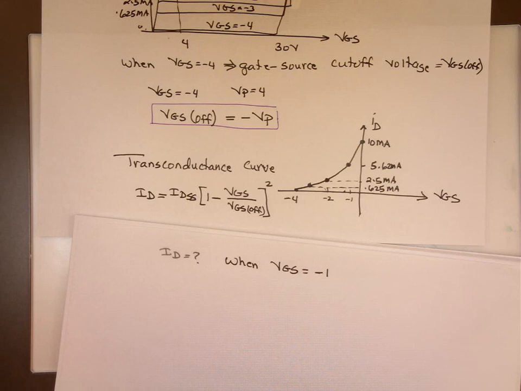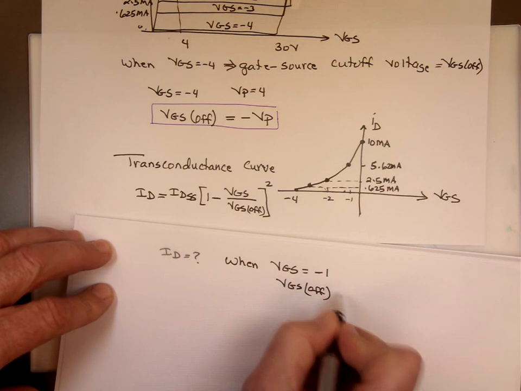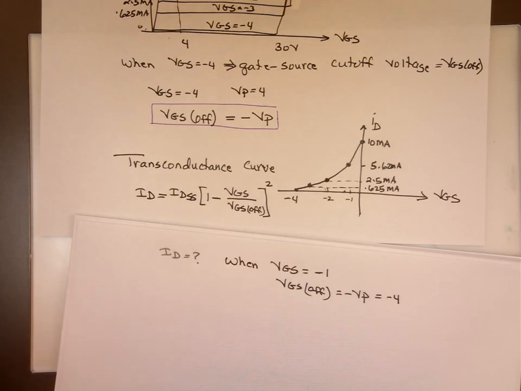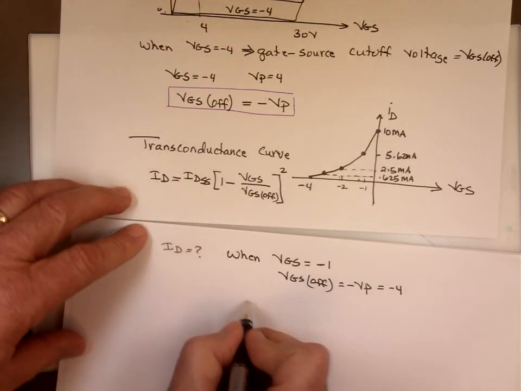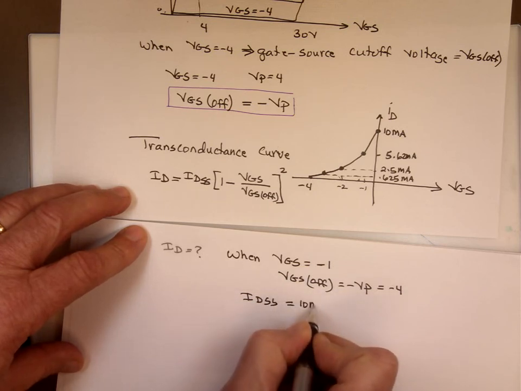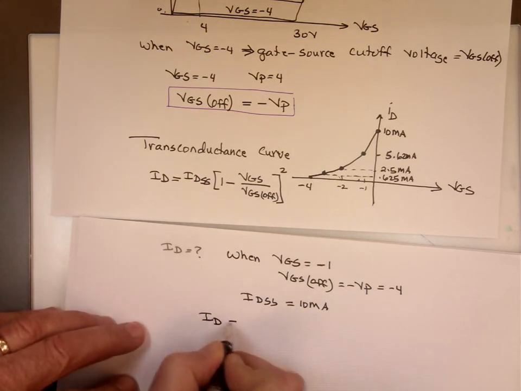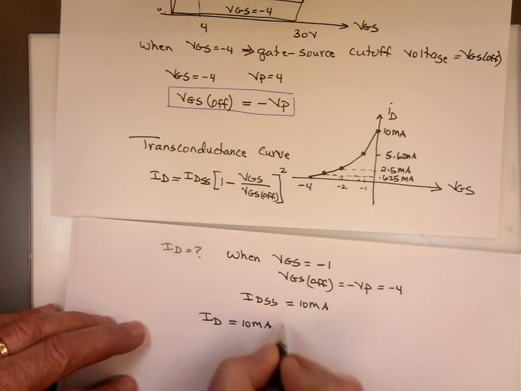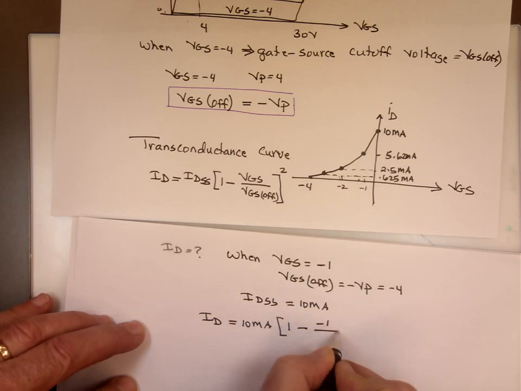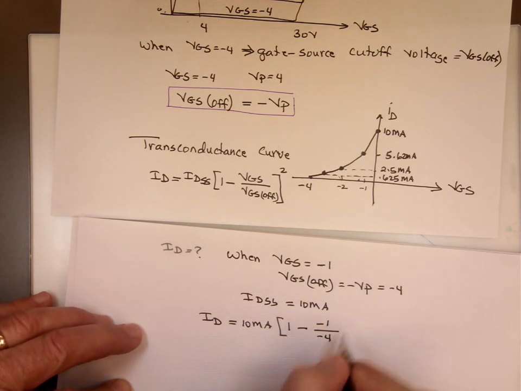Well, I know VGS off for this one, it's equal to negative VP, which happens to be negative 4. So if we go to this equation, and I know I sub DSS for this JFET is equal to 10 milliamp. So you do the math. What is I sub D going to be? It's going to be 10 milliamp times 1 minus VGS, which is negative 1, over negative 4, squared.